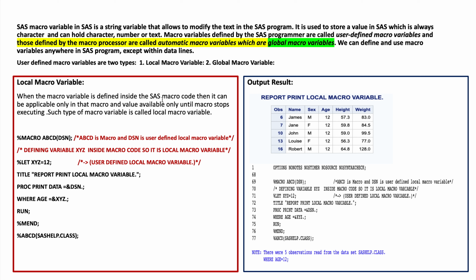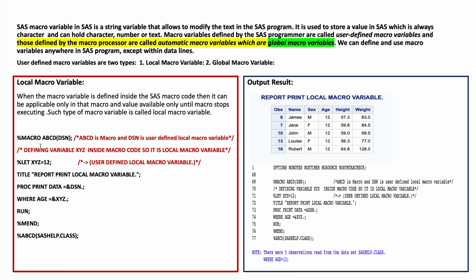Such a macro variable is called a local macro variable. That means a local macro variable is defined inside the macro code and its value is effective only inside that macro. We cannot use it outside the macro.